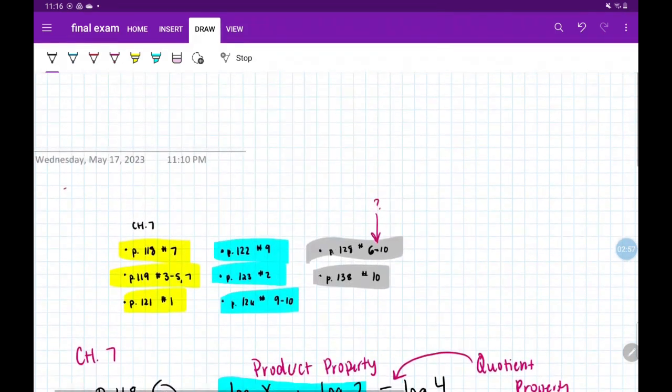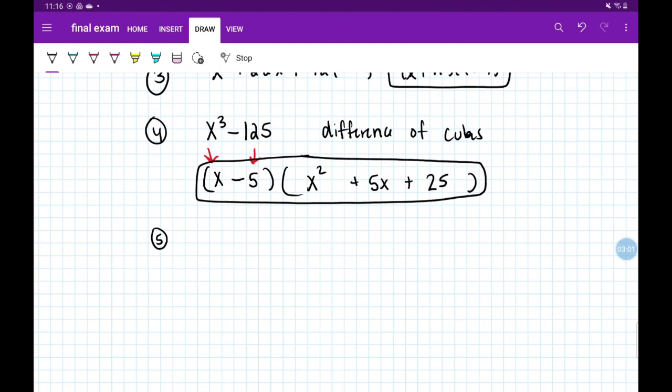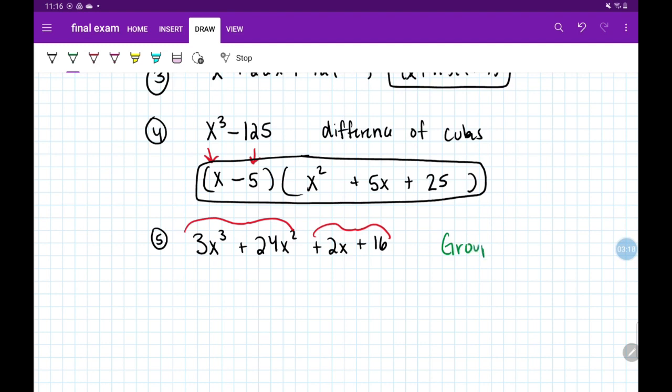Number 5. It's 3 through 5 and 7. Number 5. Alright, so it's 4 terms. So we're gonna factor using the grouping method. We'll look at 2 at a time.